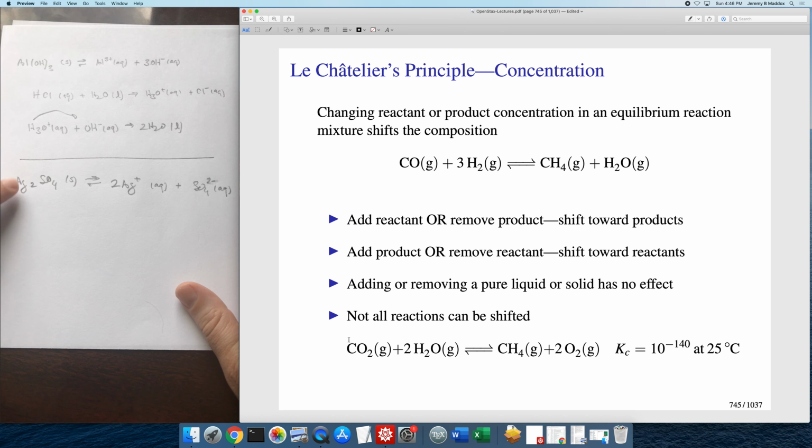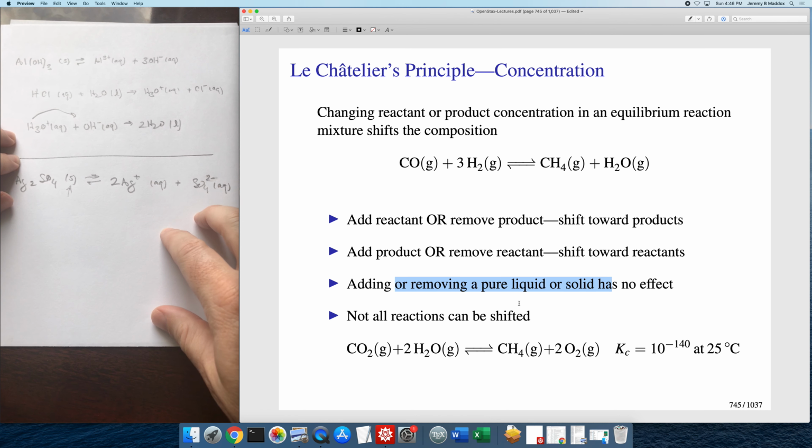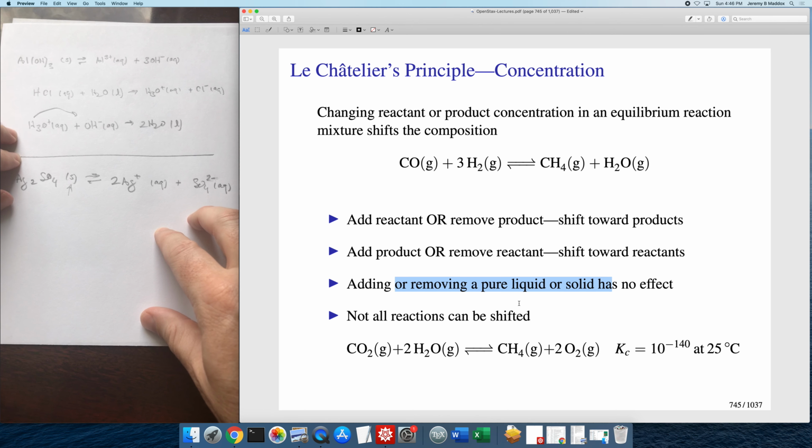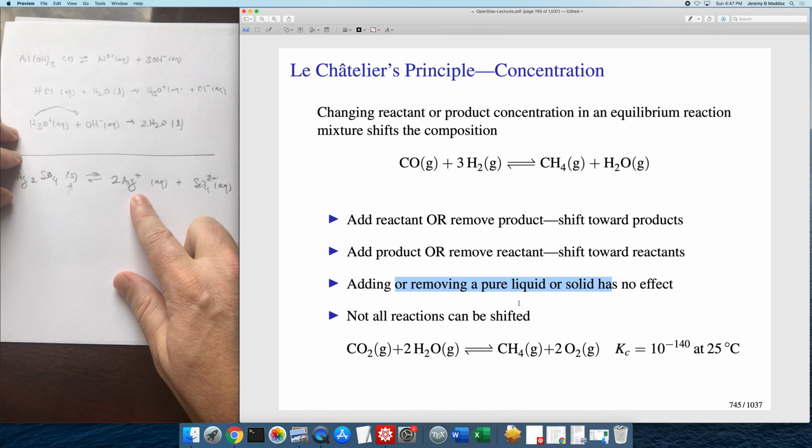Again, what I want to do is increase the solubility of the silver sulfate. How can I do that? Well, you can't add more silver sulfate, because that's a solid. That conflicts with this rule here. Adding a pure solid won't affect it. So you can't add more reactant. You have to pull out one of the products here. Let's pull out the silver. How would I pull silver ions out of a solution?